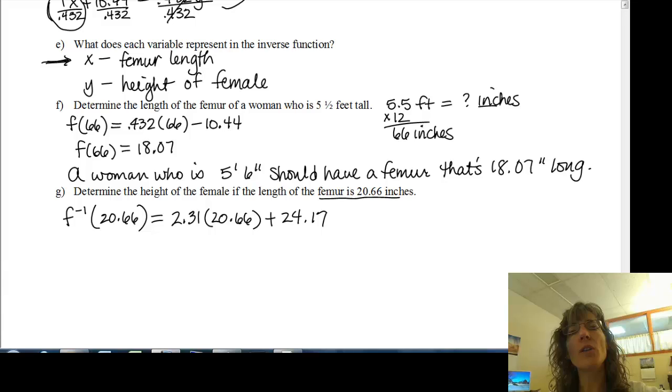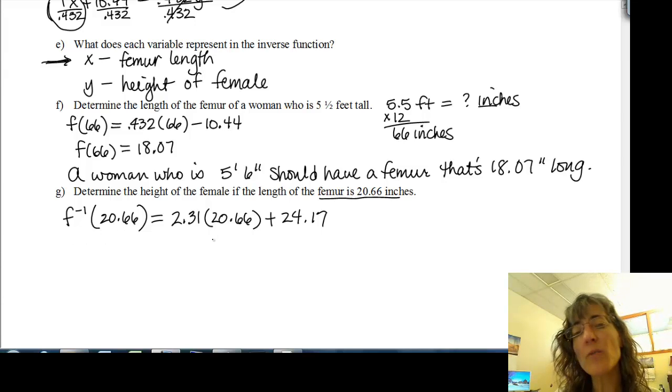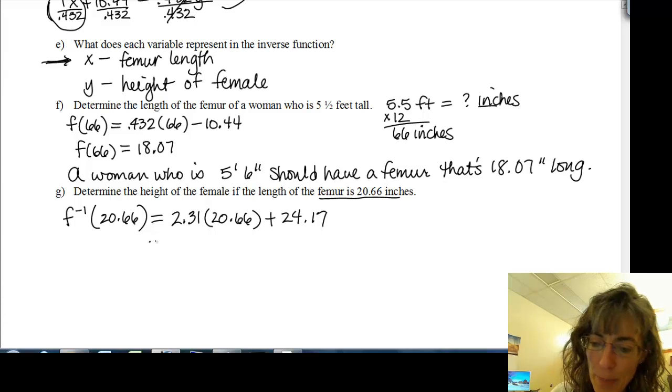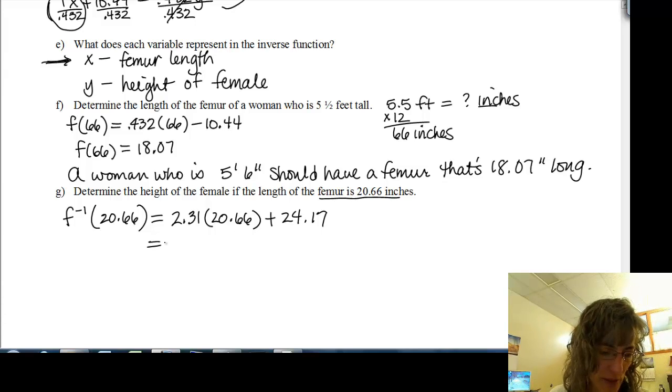And imagine if you're out in the field doing an archaeology dig and you have all these bones that everybody's found when they were digging, and you're the one who calculates how tall the women were. And so you've got say 100 femurs, and you've got to measure them all, plug them into a calculation. You want the quick one. You don't want to take a lot of time doing that. You want it to be quick. So the inverse function would be the function that you would be using over and over and over.